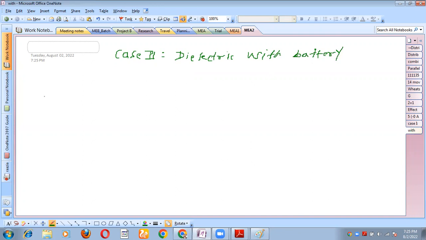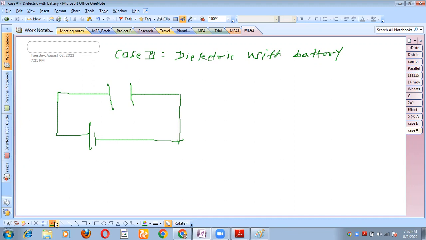We have a fully charged capacitor and the battery stays connected. The battery is not disconnected, and we insert a dielectric of dielectric constant K. Suppose the potential of the battery is V naught.